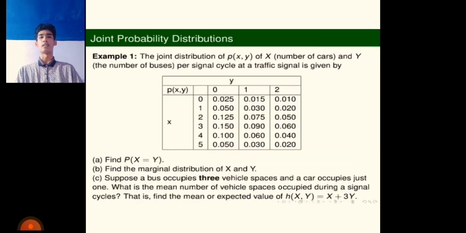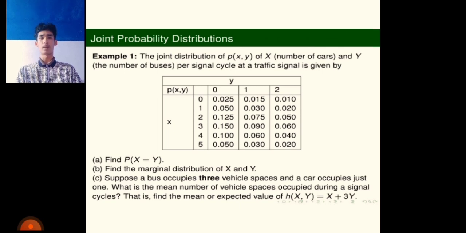Example number 1. The joint distribution of probability of x and y, where x is the number of cars and y is the number of buses per signal cycle at a traffic signal, is given by the chart below. First, find the probability of x equals y.